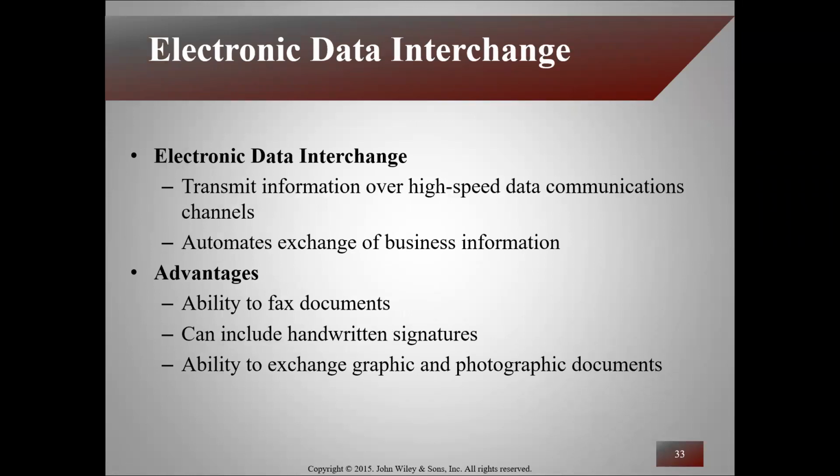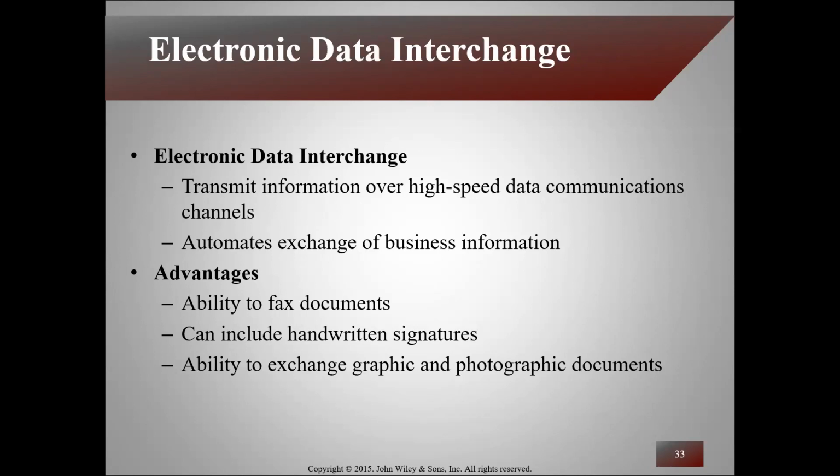According to a recent survey, over 80% of companies continue to use at least some manual documents. For example, purchase orders, invoices, payment remittance forms, credit memos, bills of lading, or shipping notices. Electronic data interchange, or EDI, enables companies to save money by transmitting the information contained in such documents electronically.